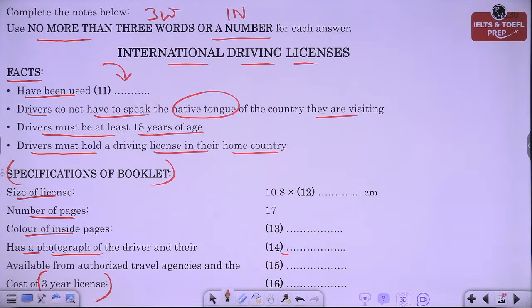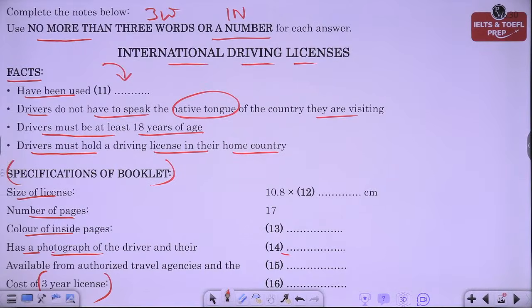International driver's licences are well recognised. After all, they've been in use for over 50 years. To break the language barrier, the licence is printed in 11 different languages, but the last page of the booklet is always in French. As I said, it is a booklet about the size of a passport, 10.8 by 15.25 centimetres to be exact.